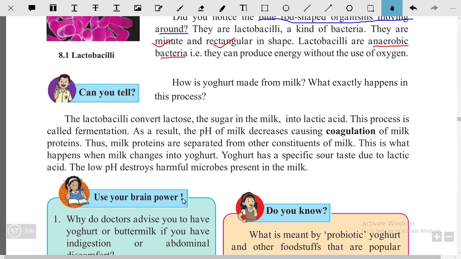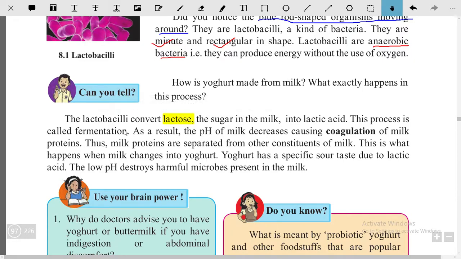Now try to understand. Lactobacilli is the bacteria which converts lactose, the sugar in the milk. Lactose काय आहे? Lactose is sugar in the milk.